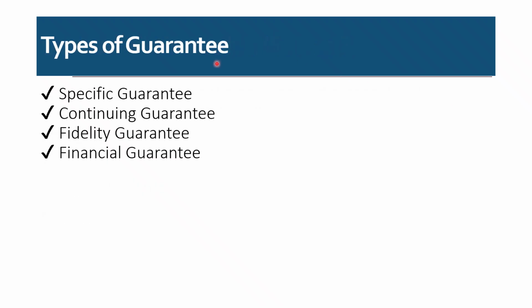There are different types of guarantees. Guarantees can be of various types depending on the nature of the responsibility. The first one is a specific guarantee. It covers a single transaction, for example, a guarantee for one loan or one purchase only. Next is a continuing guarantee. It covers a series of transactions, for example, a guarantee given to a supplier for repeated credit purchases.